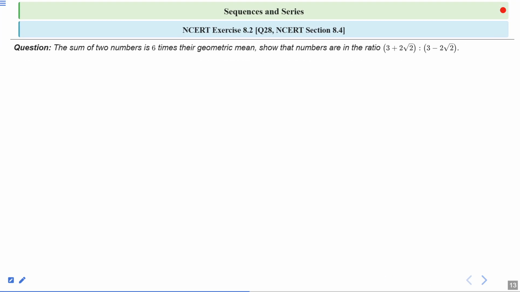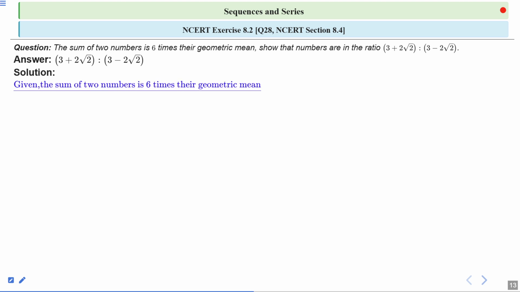So in this question we are given that the sum of two numbers is 6 times their geometric mean, and we have to show that the numbers are in the ratio 3 plus 2 root 2 is to 3 minus 2 root 2. Let us see the solution.